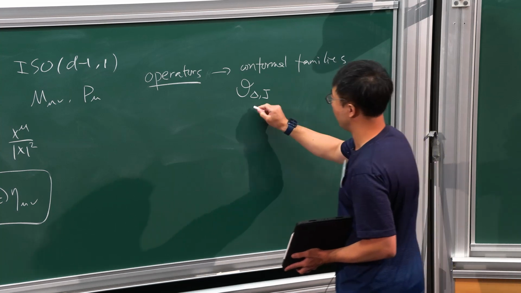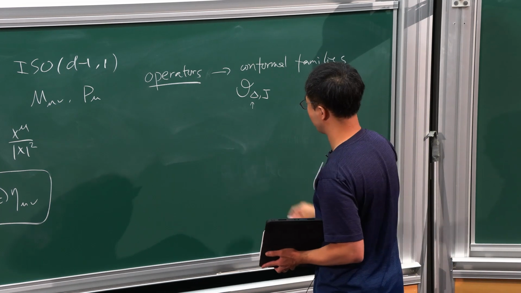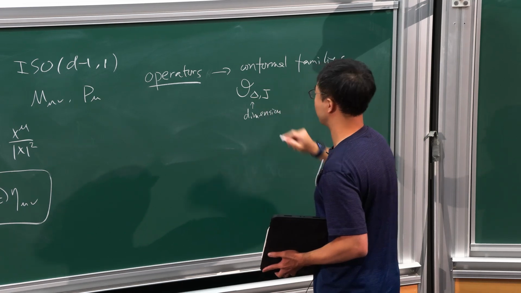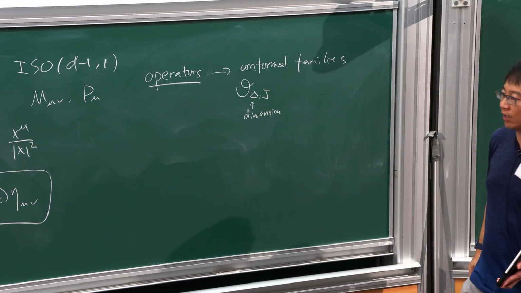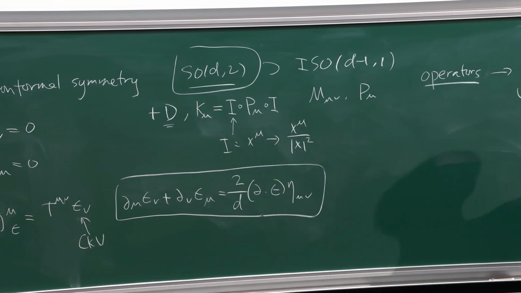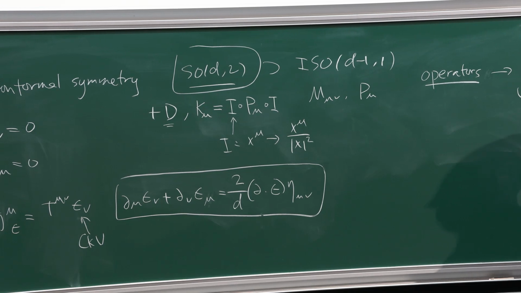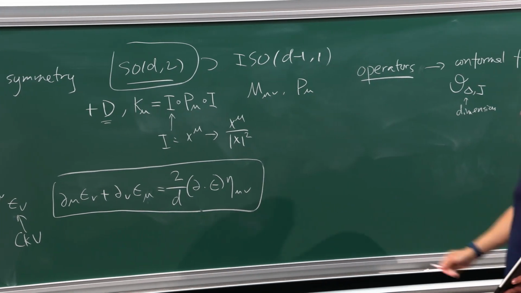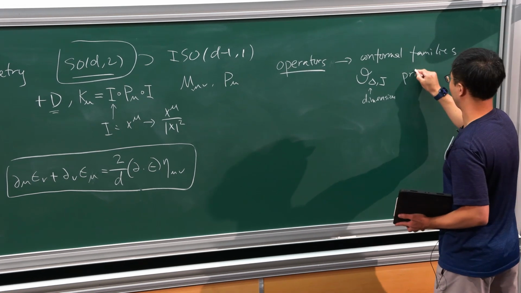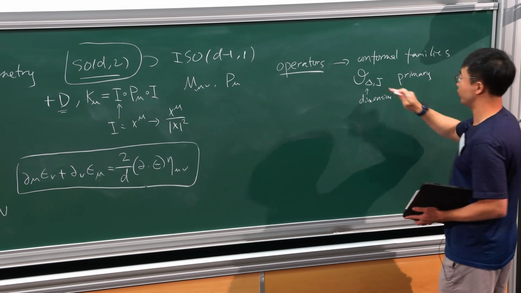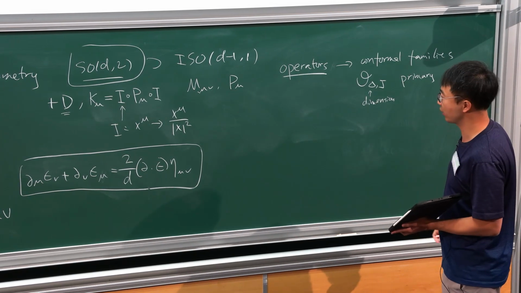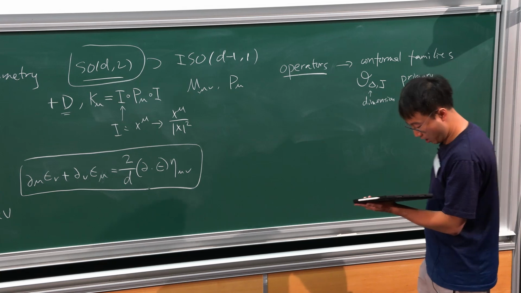And they are labeled explicitly by the so-called scaling dimension, which corresponds to the eigenvalue under the dilatation operator, and then the spin J, which denotes the eigenvalue under the various generators of the Lorentz group. And J in general is a vector because you have multiple spin generators in higher dimensions.